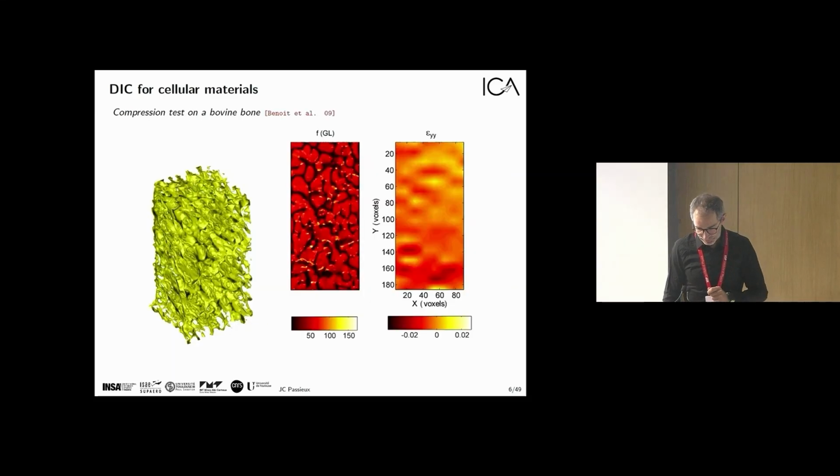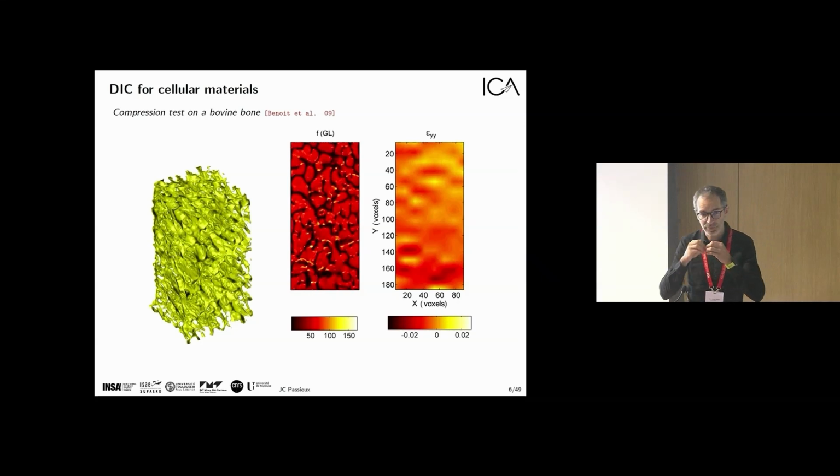I took some references from the literature. It's funny because Fabrice showed exactly the same kind of result yesterday, but I made my slides two weeks before. So this is a compression test taken from the literature, on bovine bone, and as you can see, the digital image is very rich.